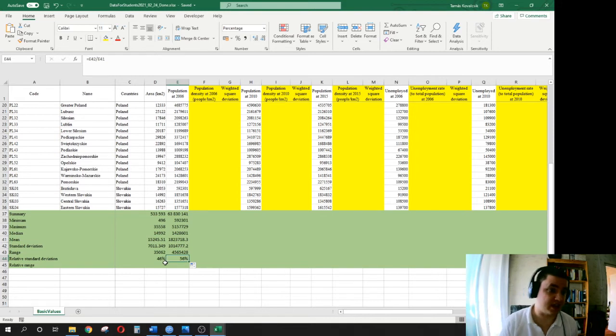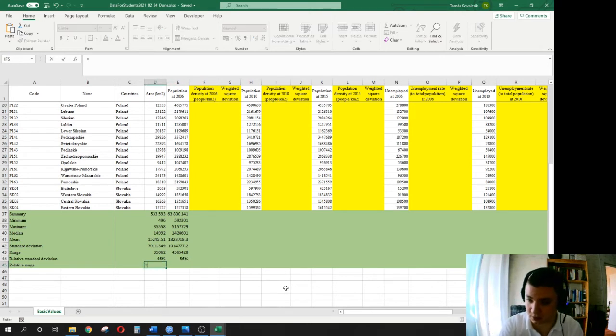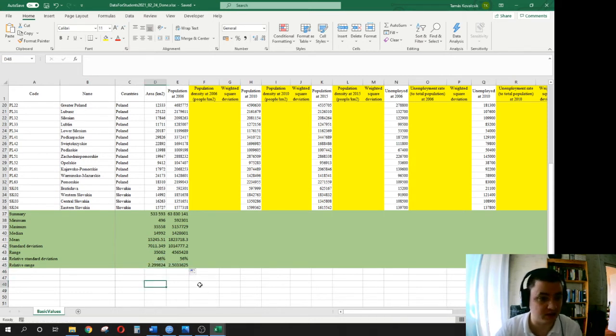The population has the higher spatial difference in Visegrad 4. Also for the range, divided by the mean, and we have the relative range as well.